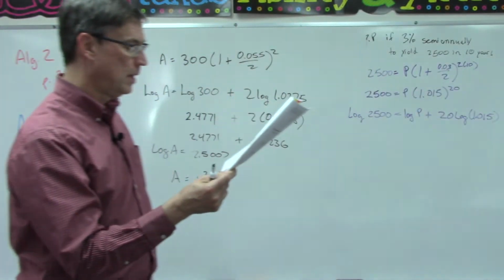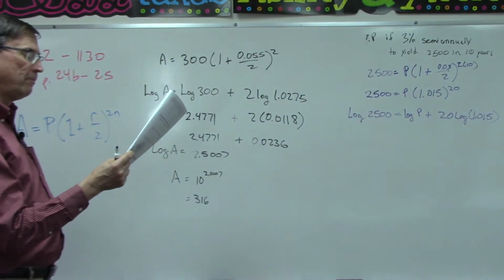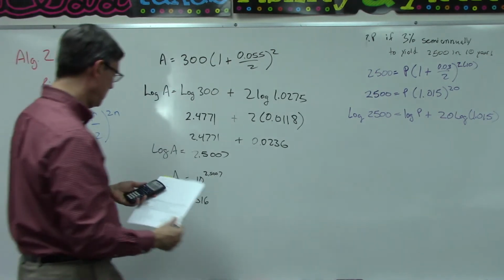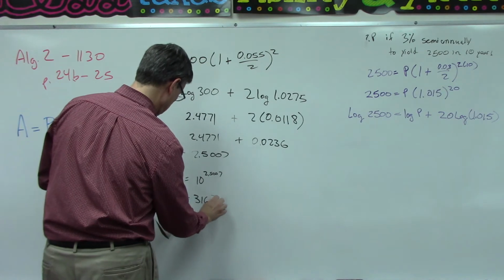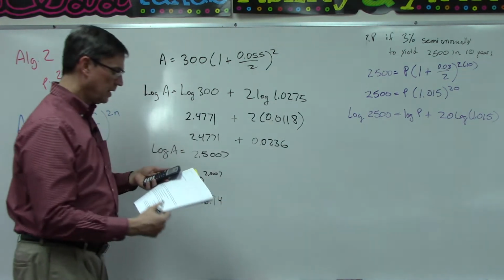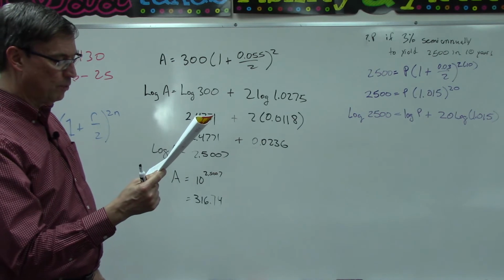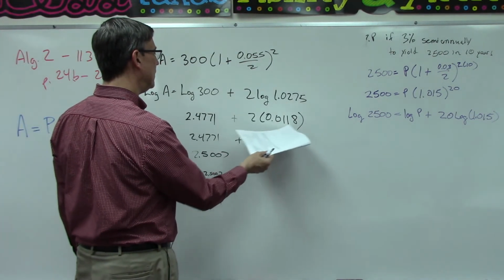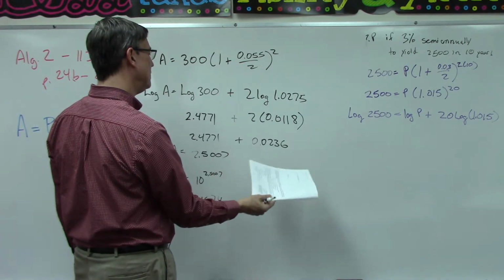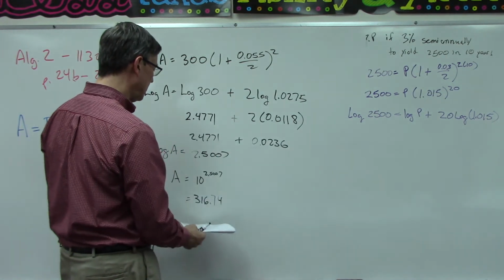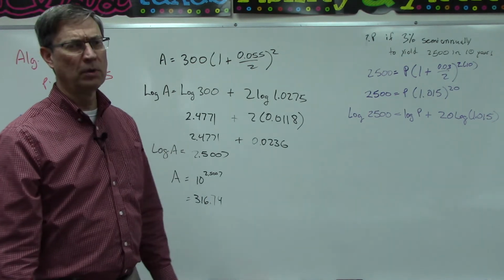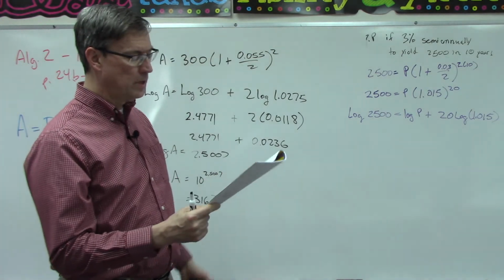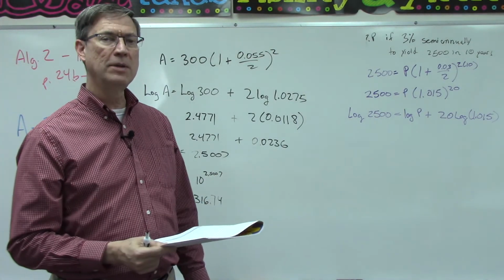Okay, and they got 310, so I get 316.74 to be exact. They got 318.20. So somewhere, and I recall it was in here, they came up with a different number for some reason, and then that throws all the rest of that off, throws our answer off by a couple of dollars.